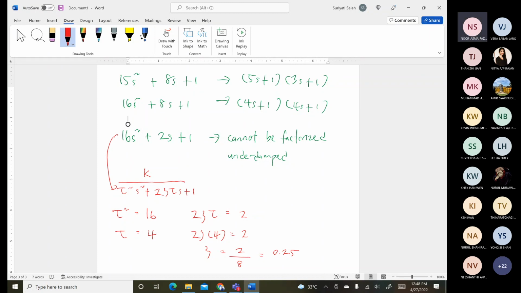Another case, you're able to factorize the equation, but you have two different roots. Then automatically your damping will be greater than 1, which is under the category of overdamped. And the last case, if you have the second order but you cannot factorize it, if you try to factorize it, then you may get a complex conjugate number. This is the underdamped response.